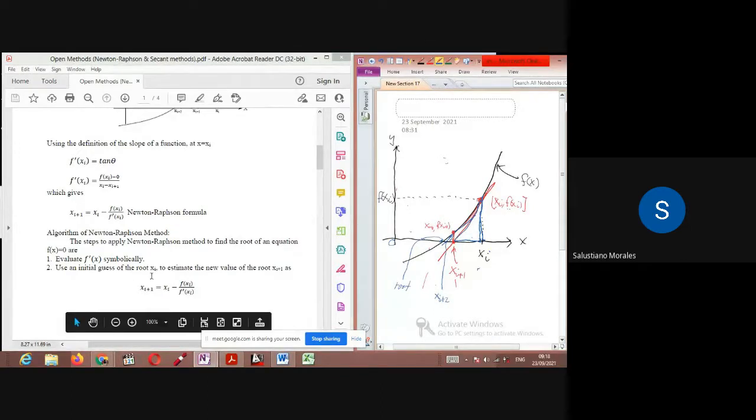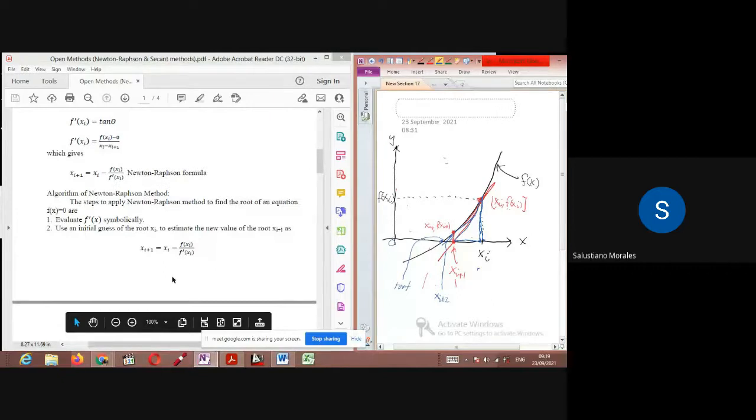So we can choose any value of x here. Because it is open, we consider that as our xi. Then estimate the new value of the root xi plus 1 using the formula xi plus 1 is equal to xi minus f sub xi over f sub prime xi. So yun ang dinerive natin kanina, which is the Newton-Raphson formula.